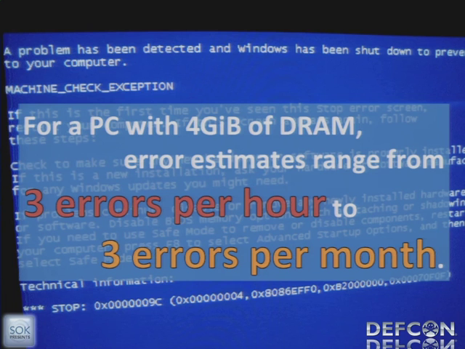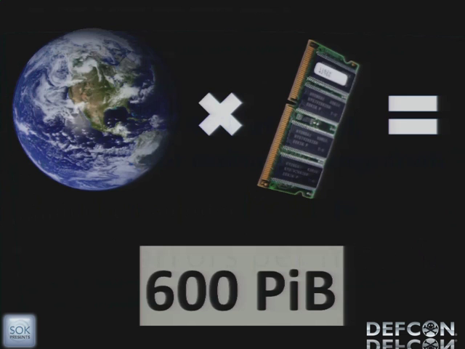But also, it's not great to think of just a single PC. What we want to see is the emergent effect of all the DRAM on the internet. And there are several studies that say that there are approximately 5 billion devices that are connected to the internet in 2010. Assuming each of these devices has 128 megabytes of RAM, and now this assumption isn't really based on scientific fact.